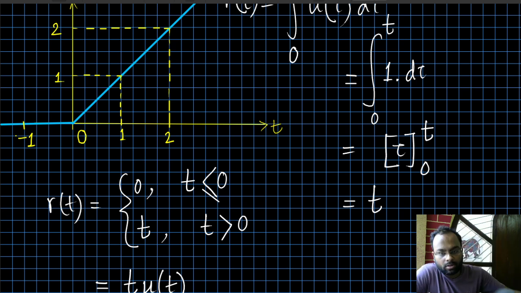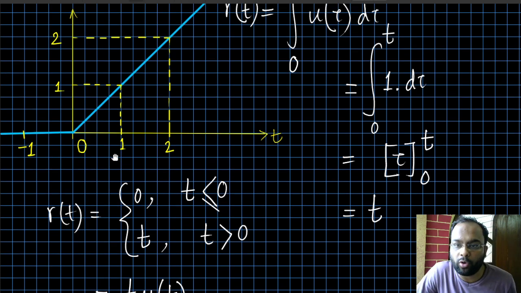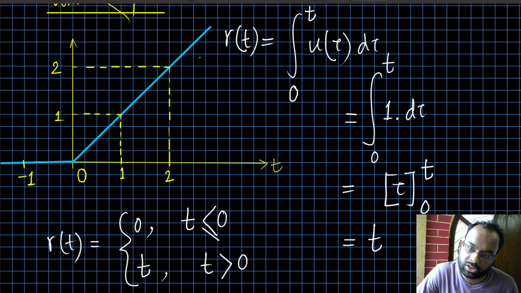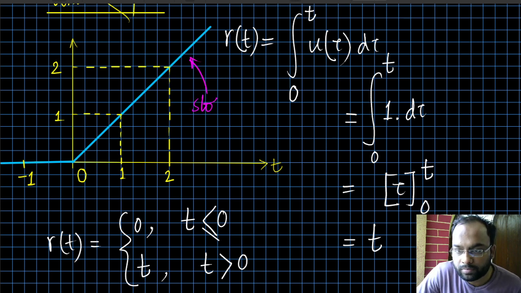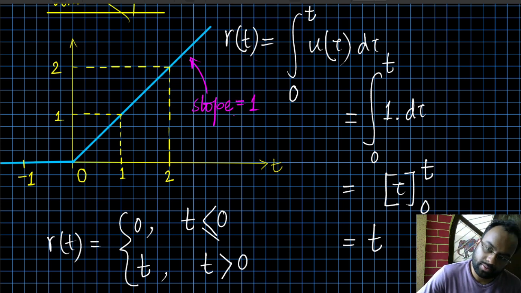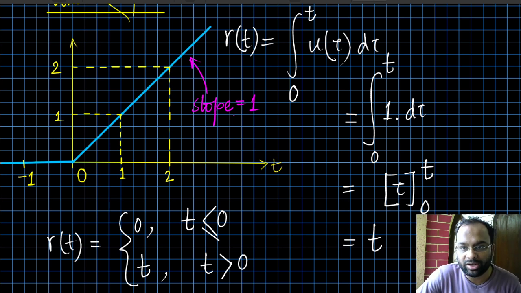The value of the signal is 0 before t equal to 0, and afterwards it grows with a slope of 1. So this signal has a slope of 1. That's called the unit ramp signal.